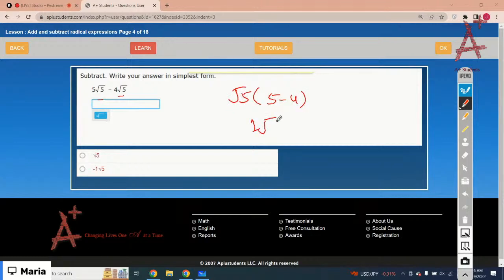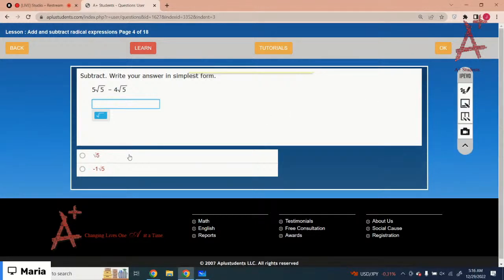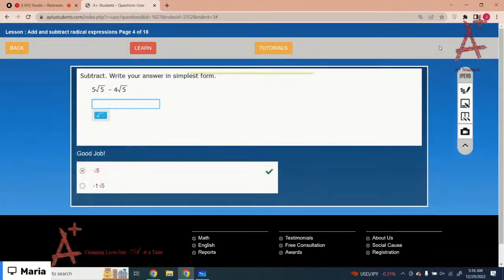Got it? It will be 1 square root 5, or either you can write square root 5. Got it? So the correct option is square root 5. So just select the correct option, then click on the OK button.